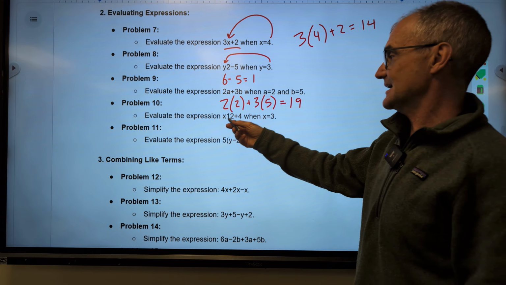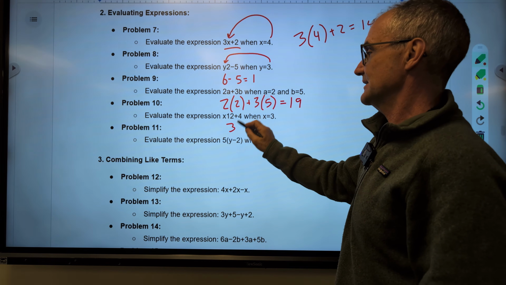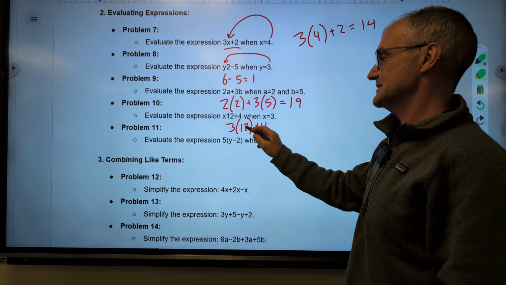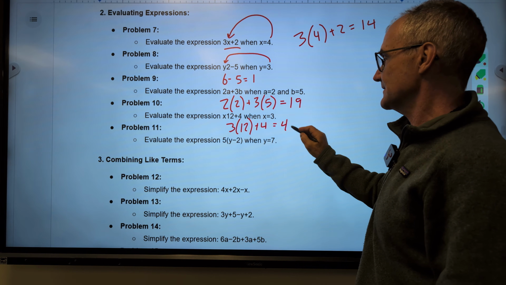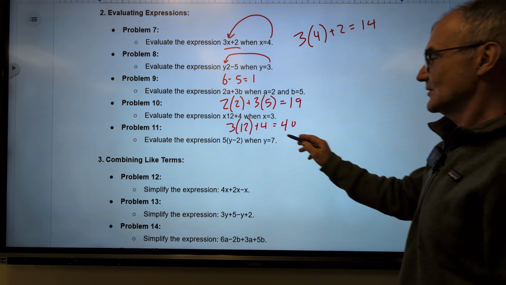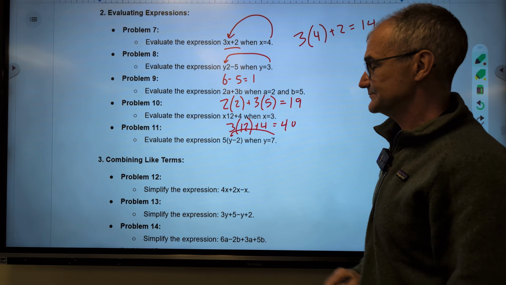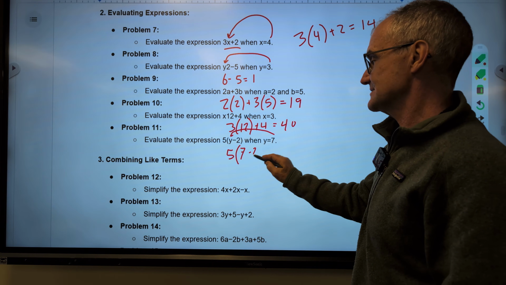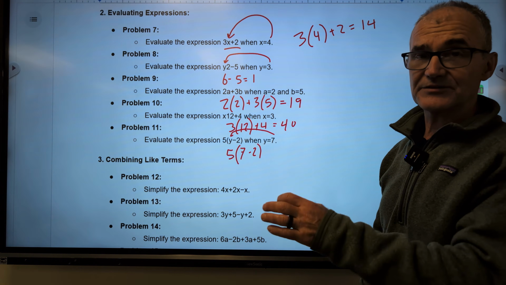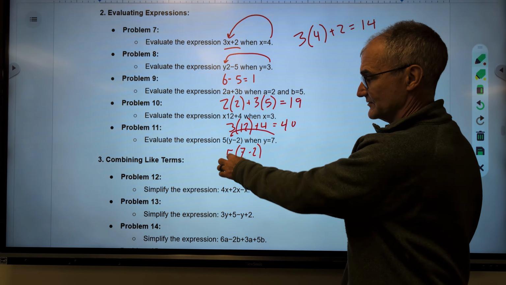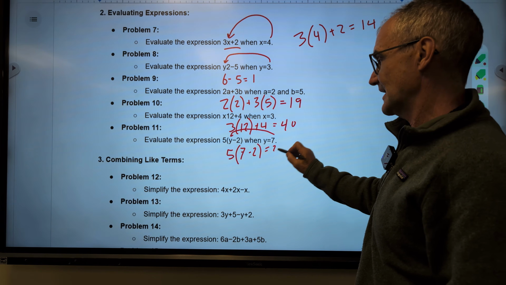Evaluate the expression x times 12, when x is 3: 3 times 12 plus 4, 36 plus 4 is 40. And then our last one, evaluate the expression when y is 7. So I have 5 times the quantity 7 minus 2. Remember, you've got to do parentheses before multiplication. 7 minus 2 is 5. 5 times 5 is 25.